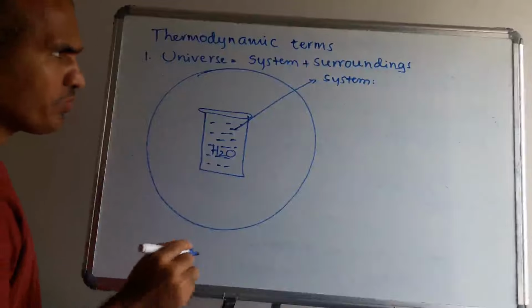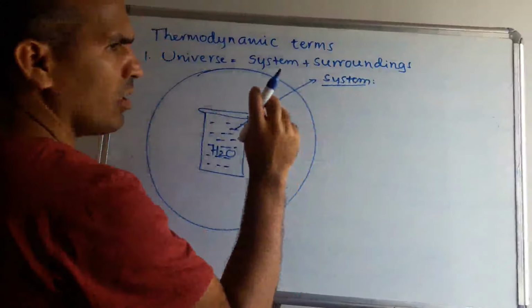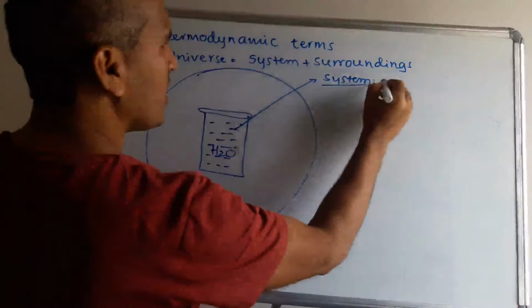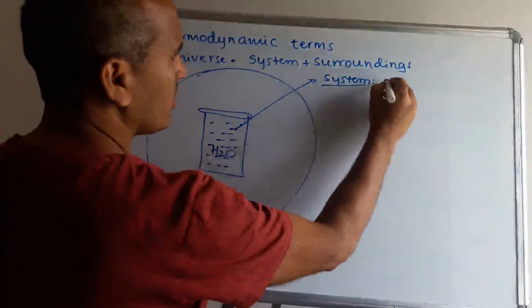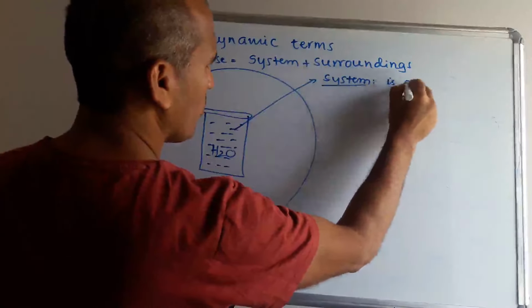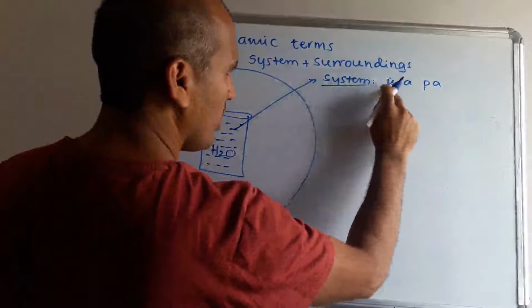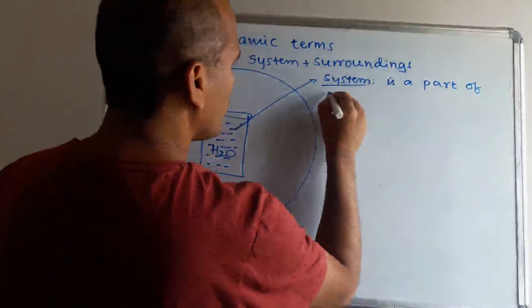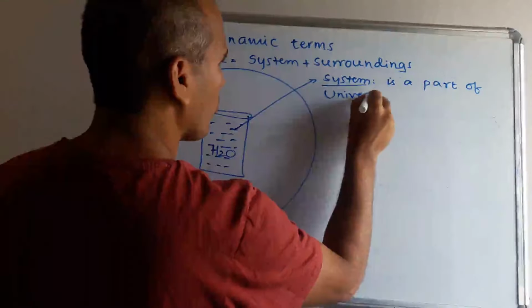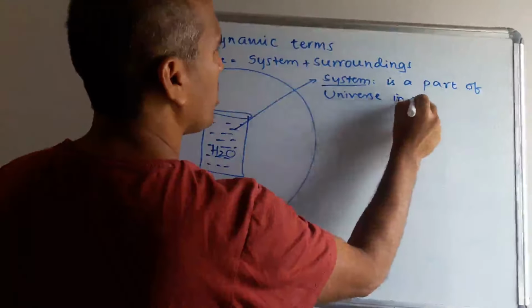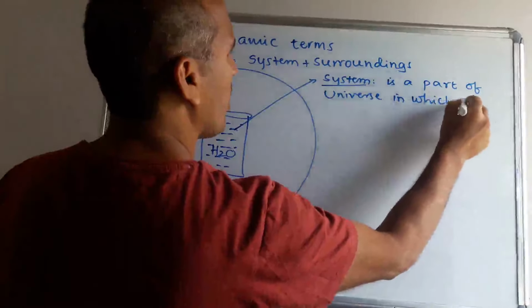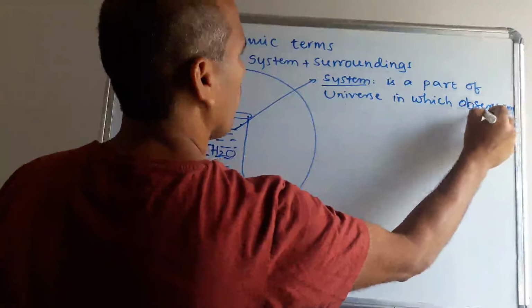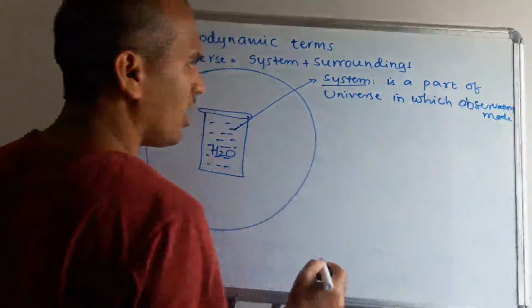What is a system? System is a part of the universe in which observations are made.